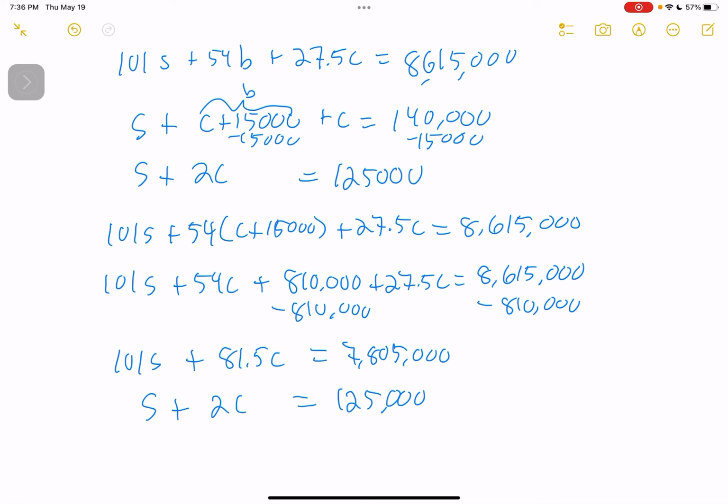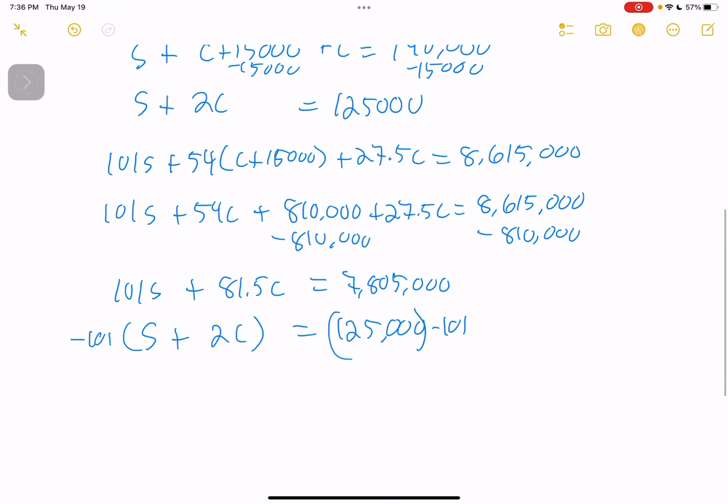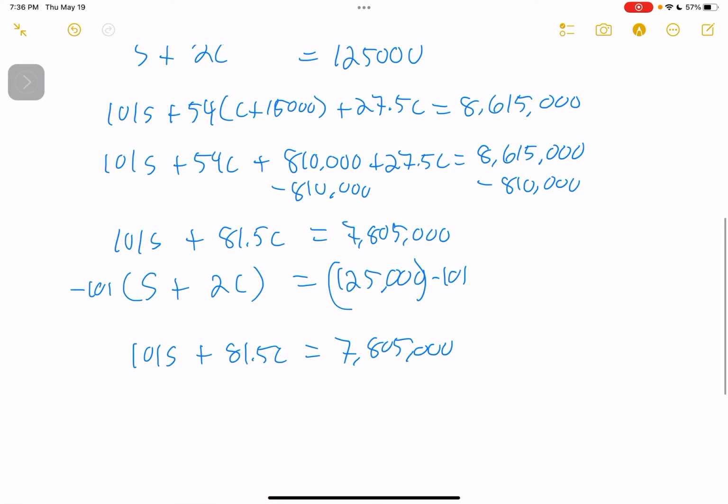So I'm going to multiply the second one by negative 101. And that's going to give me that I still have that 101S. I'm just rewriting that first line plus 81.5C equals 7,805,000. So just rewrote that first line.